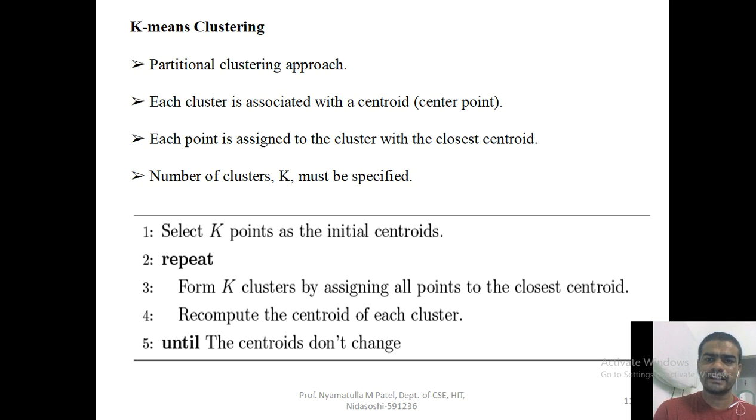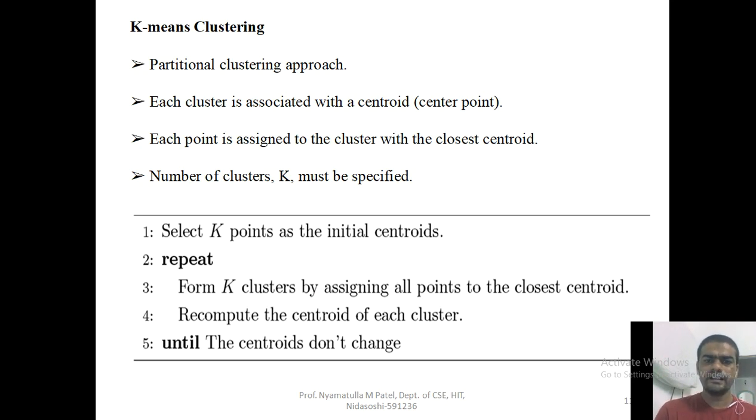So, each point is assigned to the cluster with the closest centroid, meaning a particular point will be placed into one group only when it is closest to the centroid.